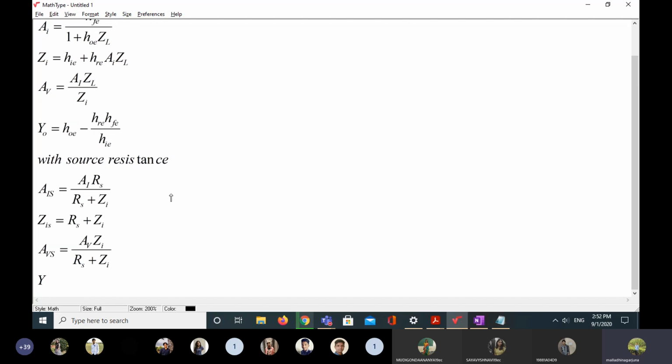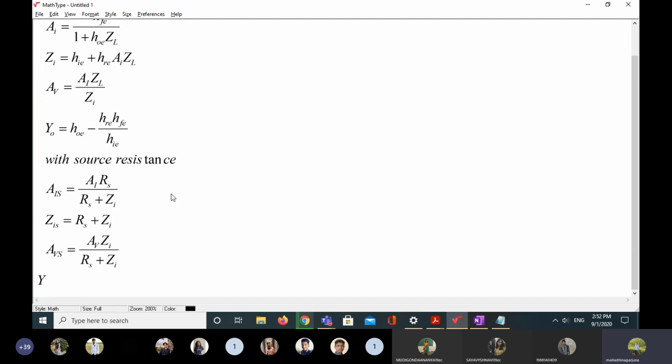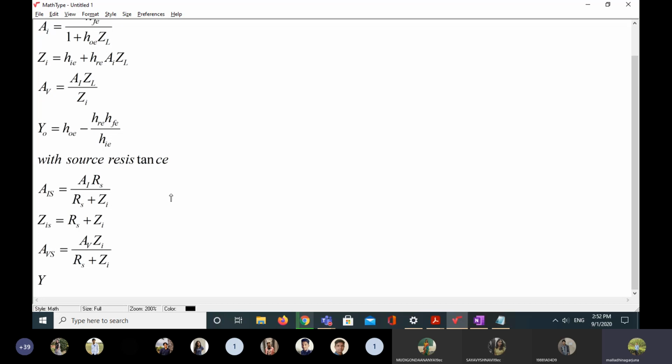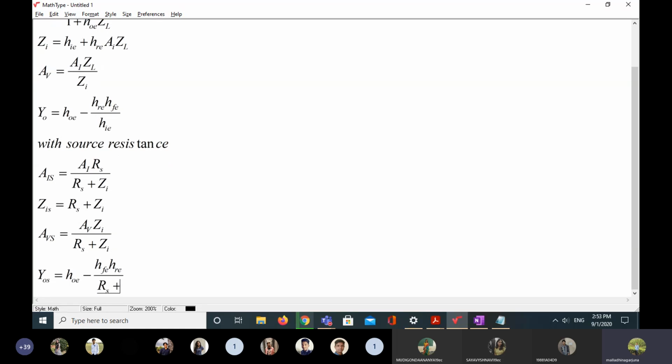Y0S is equal to HOE minus HRE HFE divided by RS plus HIE. This is with source resistance.